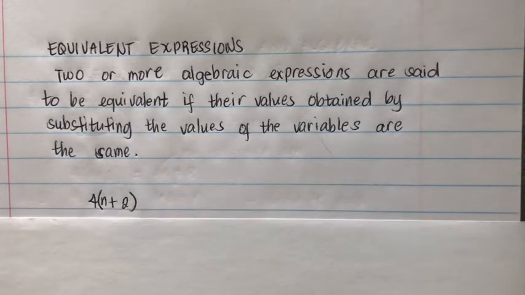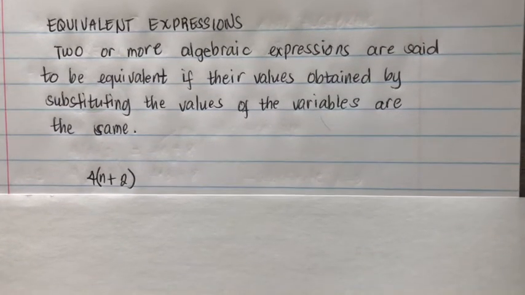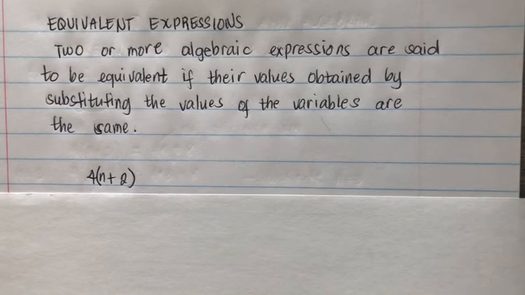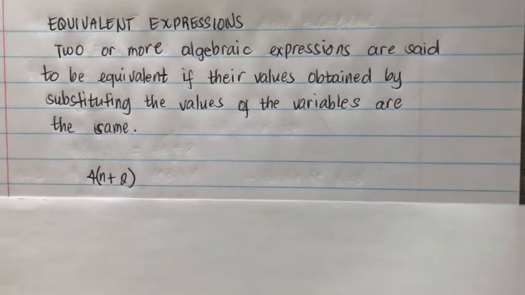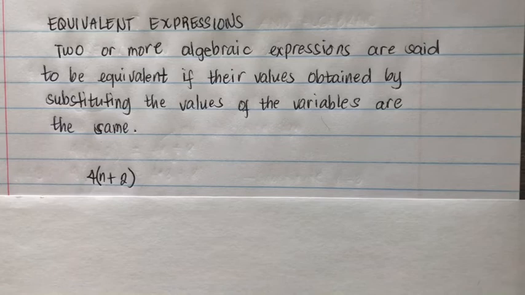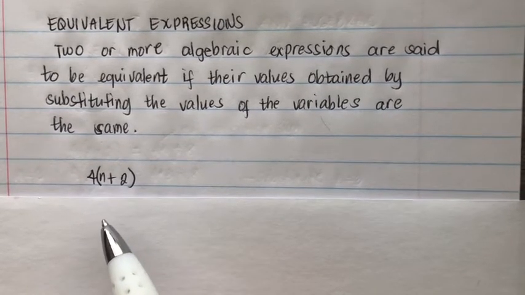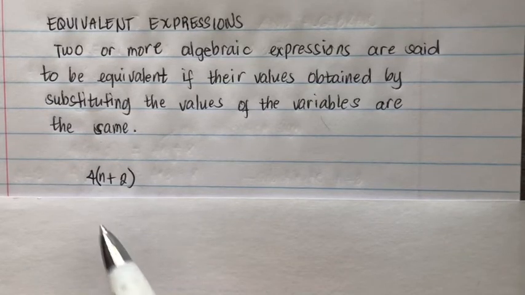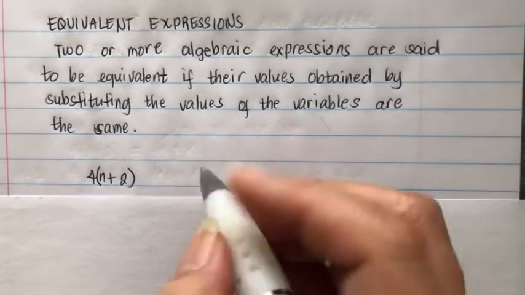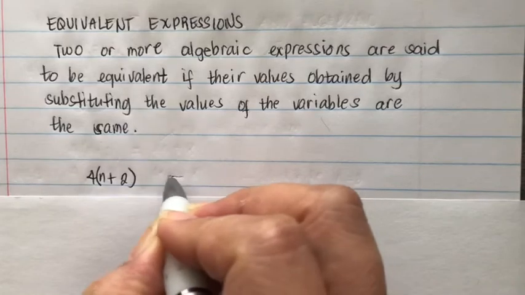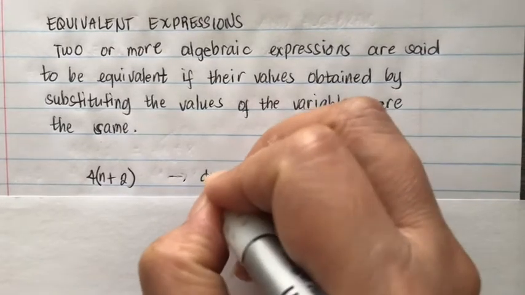For example, we have 4 times quantity n plus 2. Since it is in a parenthesis, in order for us to obtain an equivalent expression, we are going to use the distributive property.